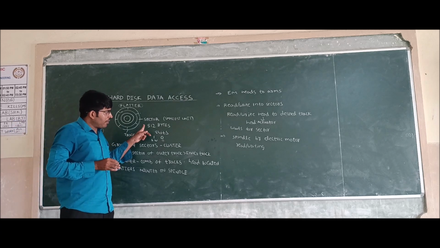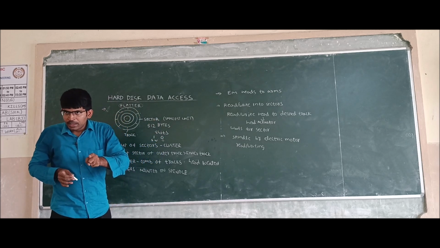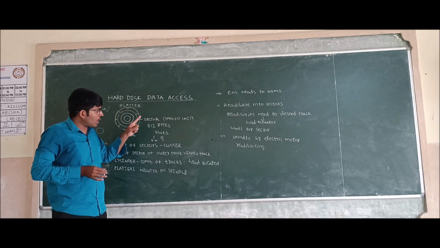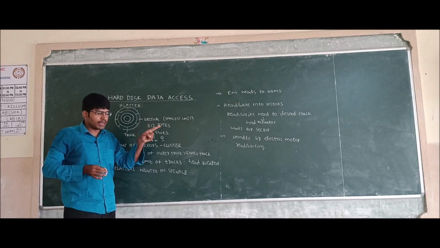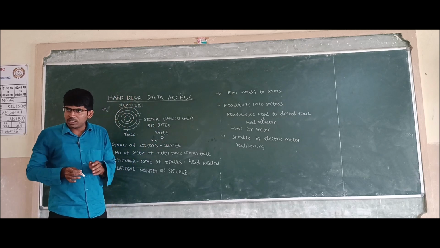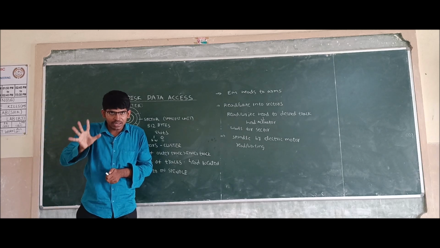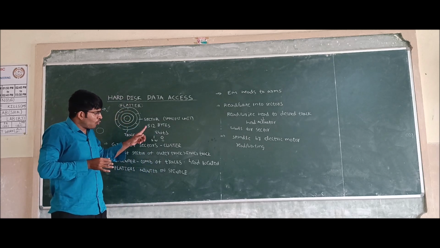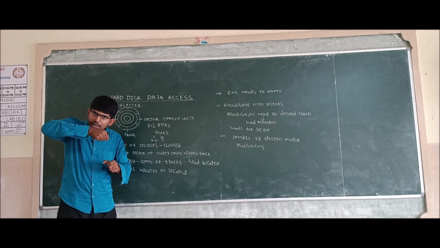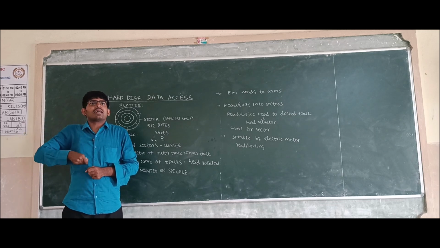So remember, whenever I am saying 512 bytes, we are not directly storing the electric information, because you are already familiar that a byte has 8 bits, and a bit is electrical information. But here we are clearly distinguishing that 1 means a magnetic flux in one direction, 0 means magnetic flux in another direction.